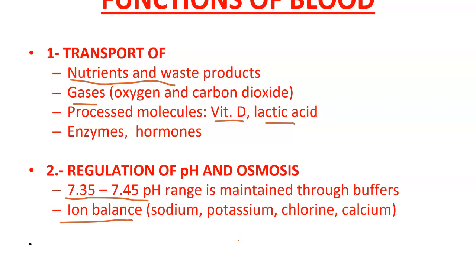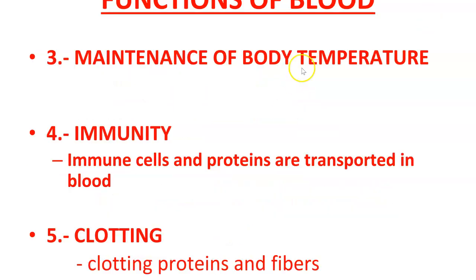Other functions of blood include maintenance of body temperature. Because blood is a homeostatic fluid and it is kept within a narrow homeostatic range, the temperature of blood is kept constant at around the same as body temperature, 37 degrees centigrade.